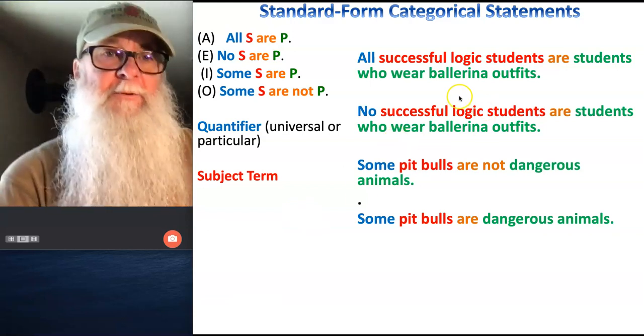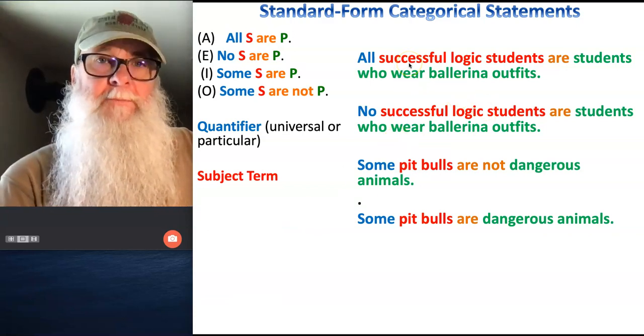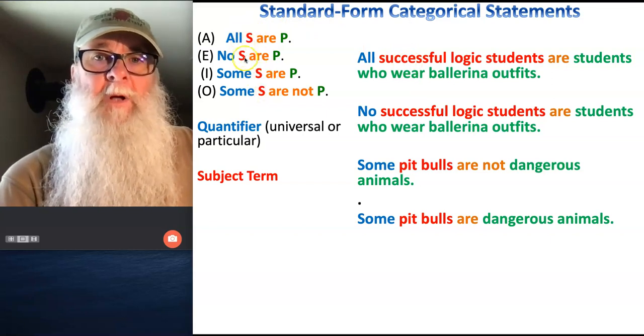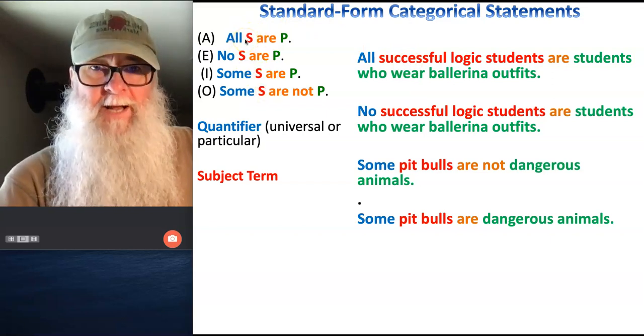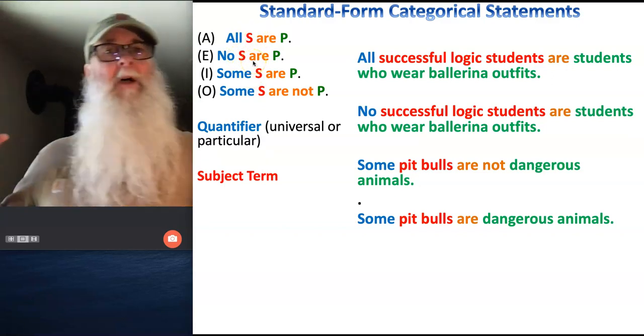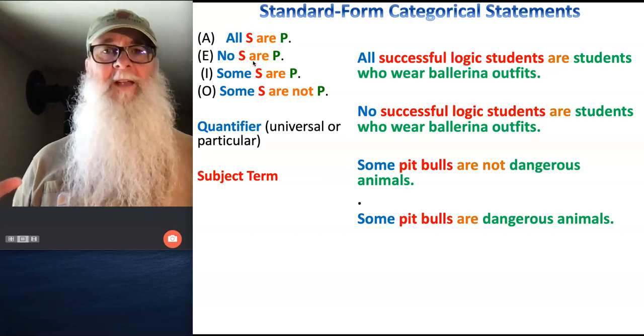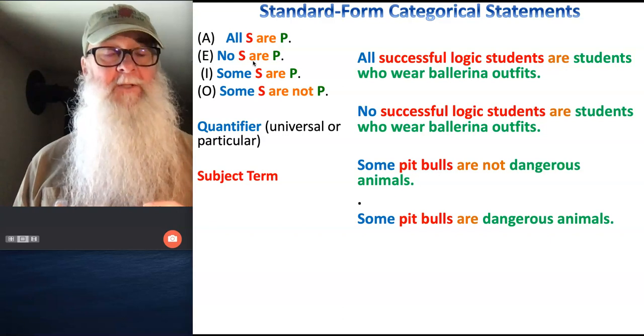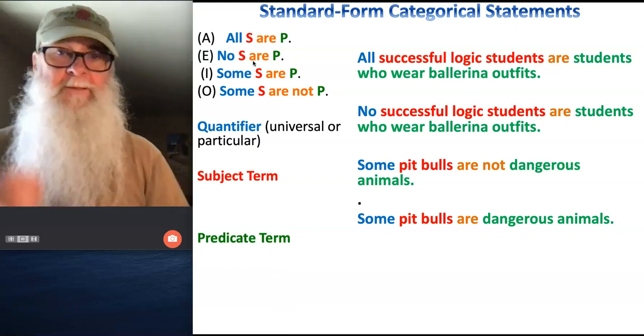All the words here in red are what are called the subject term. Okay, so what appears right here after all, no, and some? All the words that start right after all, no, or some, and go all the way up to the are, that whole grouping of words is going to serve as our subject term. And it's going to be a countable category of things like successful logic students or pit bulls.